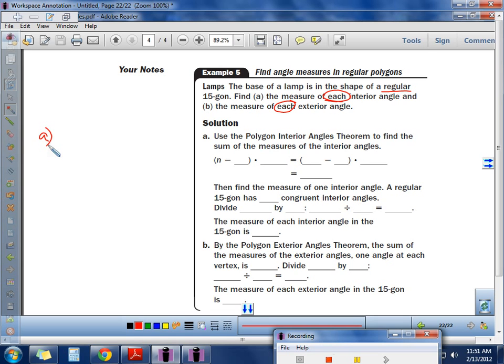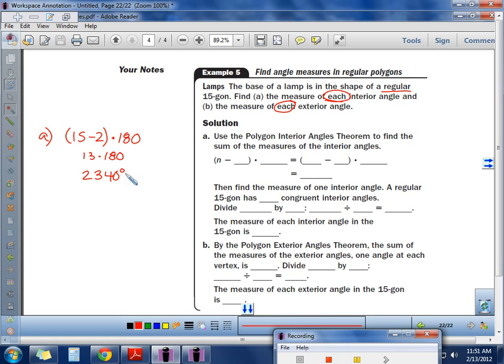What formula goes with interior? N minus 2 times 180. Well, this is 15 sides, so that's 15 minus 2 times 180. 15 minus 2 is 13. 13 times 180 is 2,340.